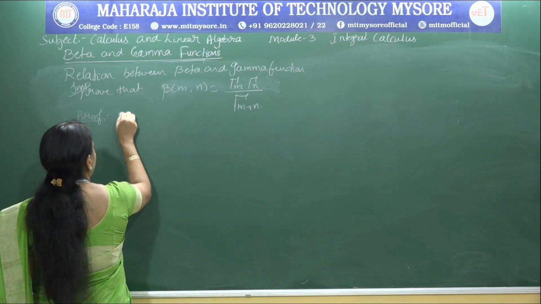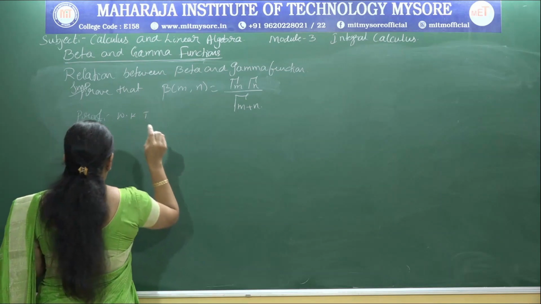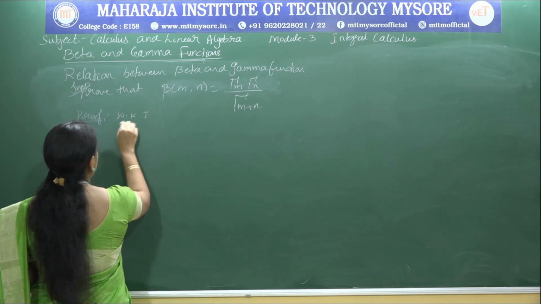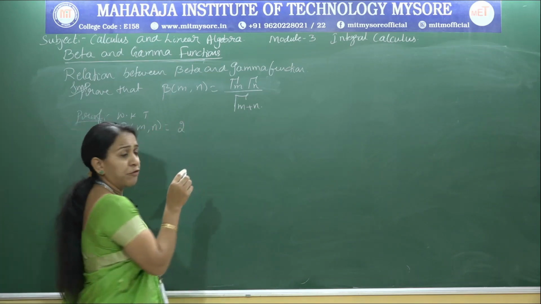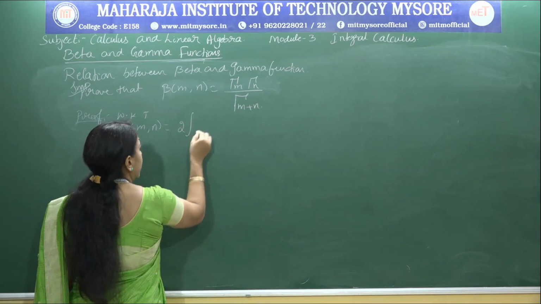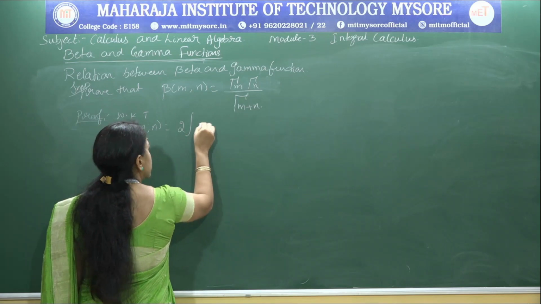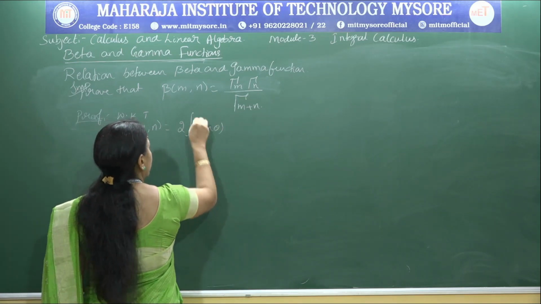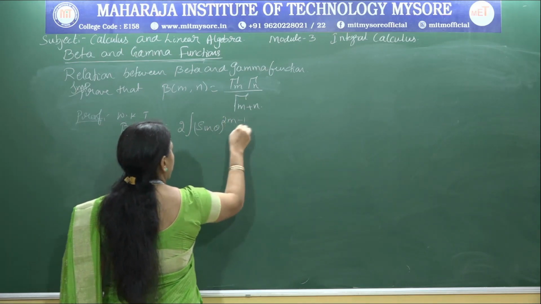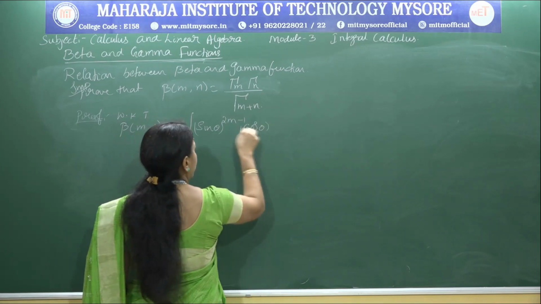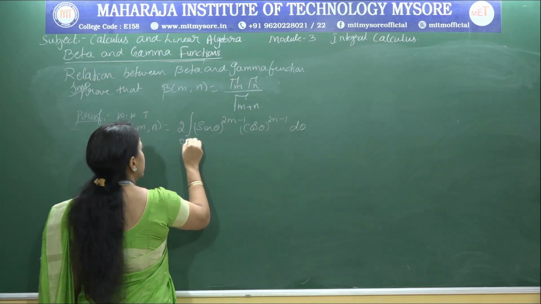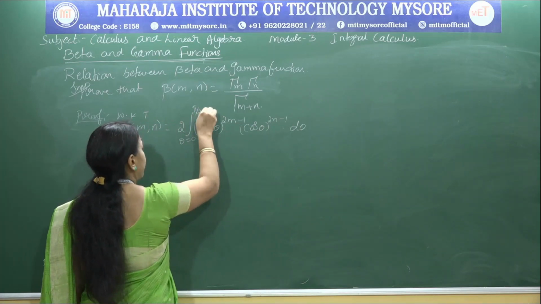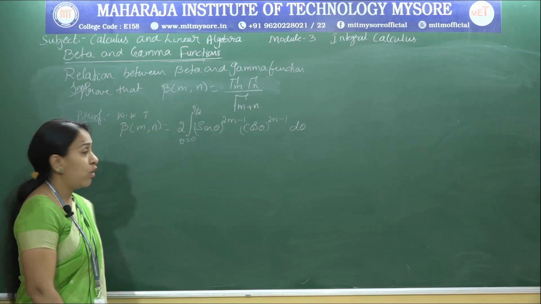So we know that beta m comma n in terms of trigonometric functions is 2 times the integral sin theta to the power of 2m minus 1 into cos theta to the power of 2n minus 1 d theta between the limit 0 to pi by 2. Theta varies from 0 to pi by 2.